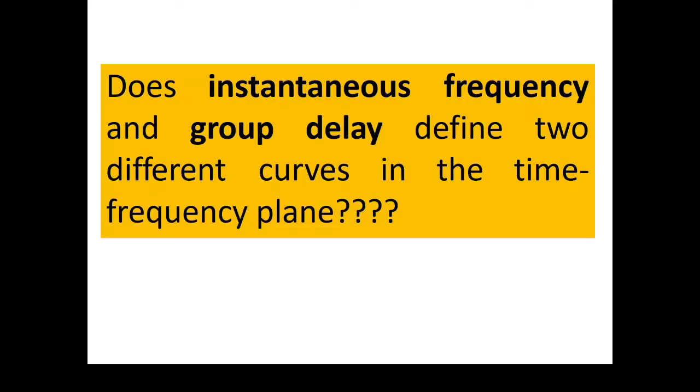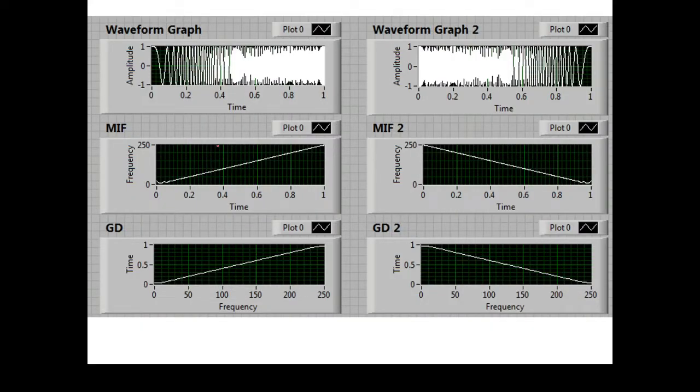So, do instantaneous frequency and group delay define two different curves in the time frequency plane, or the same thing? If you compare the MIF and GD waveforms, they appear to be the same. However, there is a problem. The frequency over here goes from 0 to 250, over here also 0 to 250.